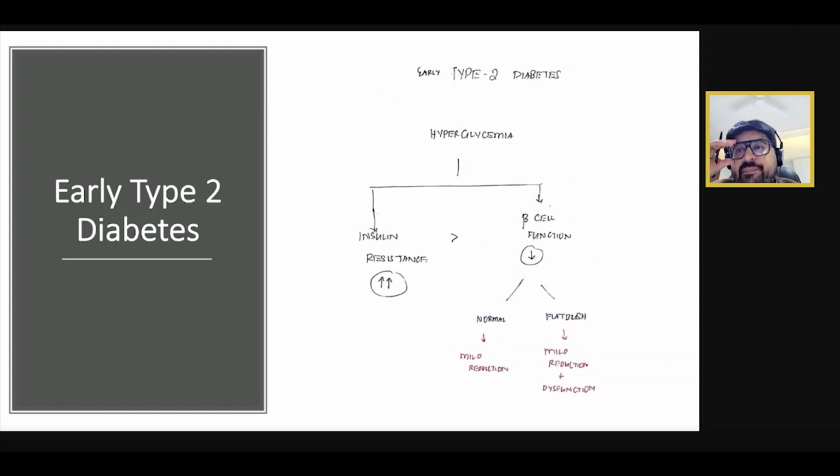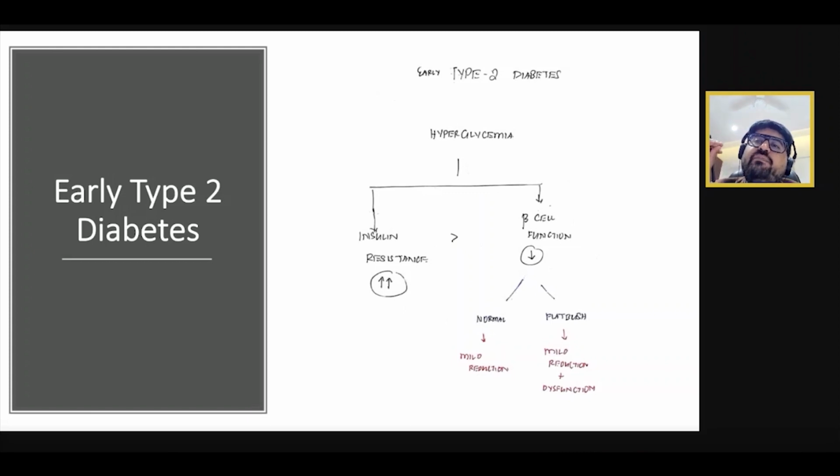So ultimately, what I'm trying to point out is that you know about the rate limiting step in an enzymatic reaction, right? What is the rate limiting step in diabetes? In all forms of diabetes, the rate limiting step is beta cell function. As long as your pancreas can produce more insulin to match the insulin resistance, you will not develop diabetes. This is the fundamental process you have to understand.